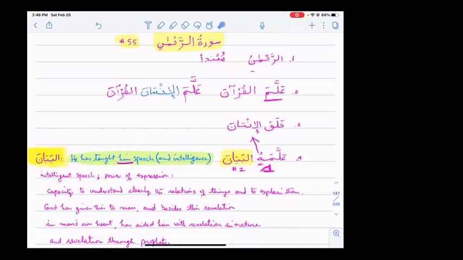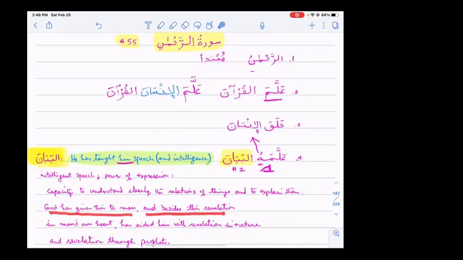This is the power of bayan. And who taught this to the human being? Allah subhanahu wa ta'ala. God has given this to man.